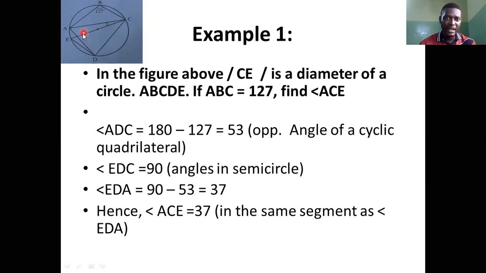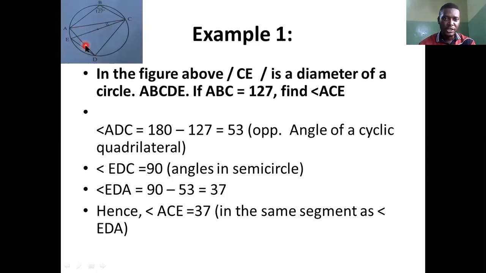Now, this diameter is actually 180 degrees, which is an angle in a straight line. When you divide by 2, you get 90 degrees. So the total angle here is 90 degrees. If part of it is 53, it therefore means 90 minus 53 will give us the smaller part of the angle here. So that is exactly why we said EDA. Let's trace EDA.